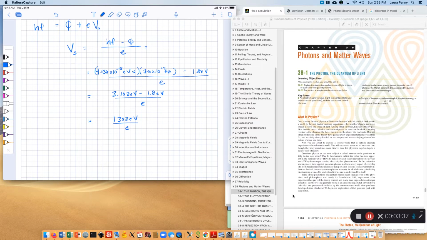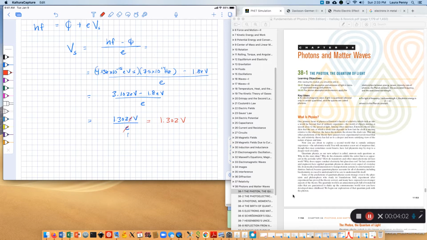Now this e is the charge on the electron, and if the top was written in joules, I would have to put in that 1.602 times 10 to the negative 19, the amount that e is. But here, because I have this e, it just cancels with that. And so my stopping potential is just 1.302 volts.